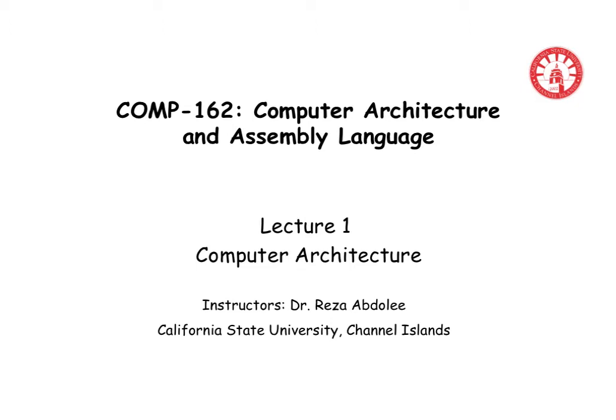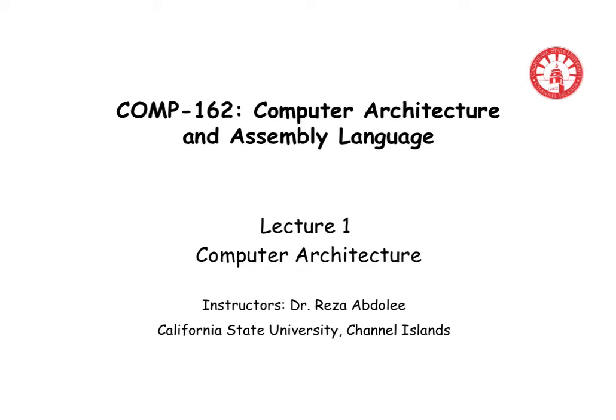The topic of today's lecture is computer architecture. In this lecture, we are going to learn about the conceptual model of a computer system. We are going to see a real world physical product of the computer system.